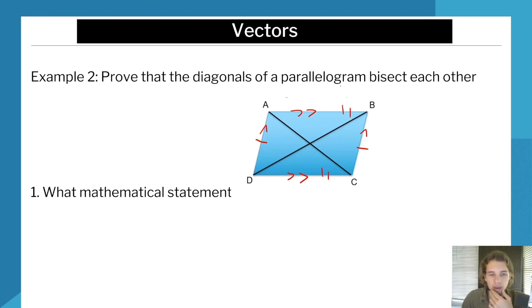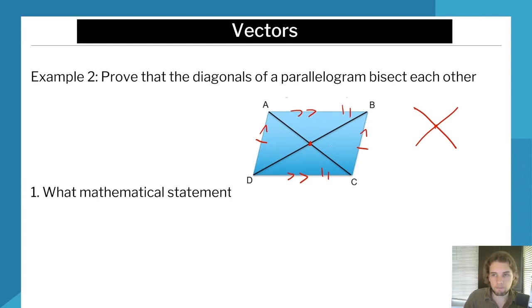So what is the mathematical statement that we actually want to prove? I should be clear about bisect, if we haven't covered this before: if a line is bisected, it means the line is cut into two equal pieces. So if these lines bisect each other, they intersect at the point at which they are both halfway in length.